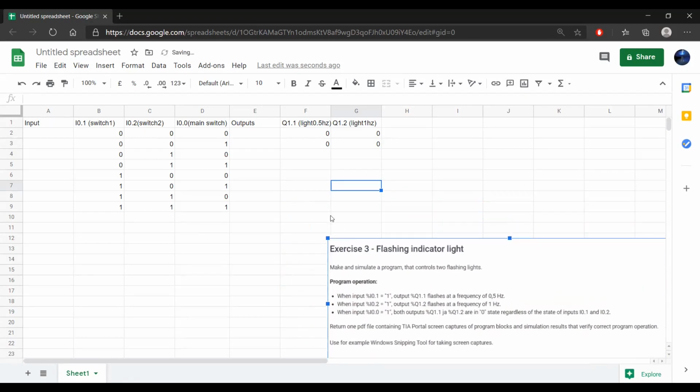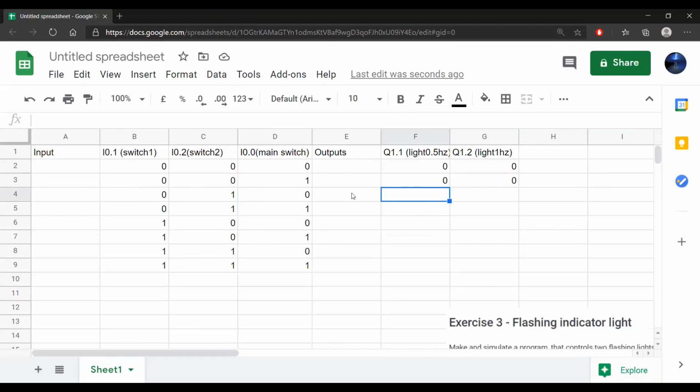So they are both on state 0. So knowing that, we can already just go and put zeros every single time we see a 1 for the main switch. So 0, 0, 0, 0, and 0, 0. So as long as main switch is 1, none of the outputs can be on, because as long as the main switch is on, it does not care about the state of the other 2 switches.